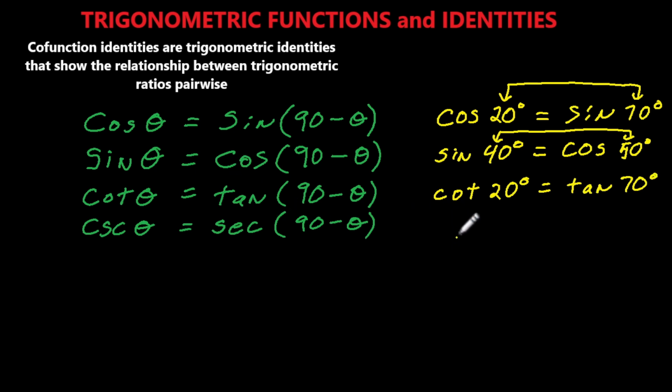And in alignment with the graph we just looked at, if I had cotangent of pi over 2, which is 90 degrees, tangent would be pi over 2 minus pi over 2, which would be 0. And again, these two would add up to 90 degrees.